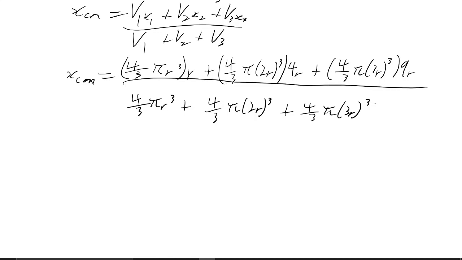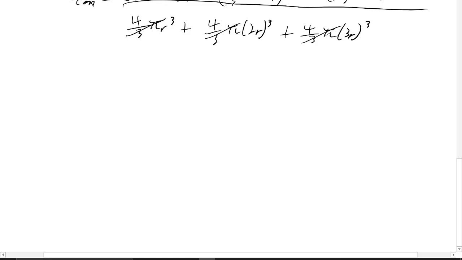So notice how each term has 4 over 3, each term has pi, and each term also has at least r cubed. Well, actually, let's deal with that in another step. We can get rid of 4 over 3 pi from every term first, and that will simplify things quite a bit. So now we'll rewrite it without that.